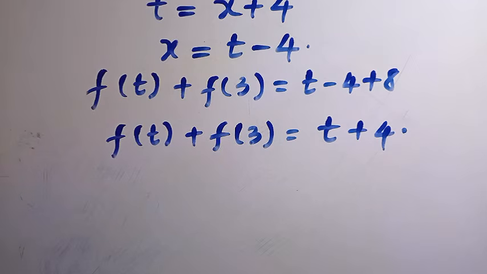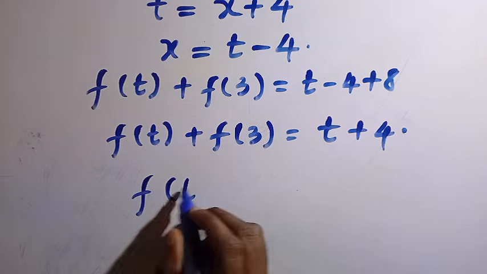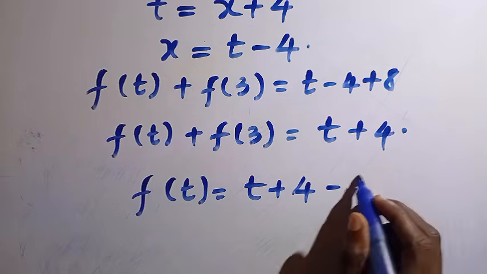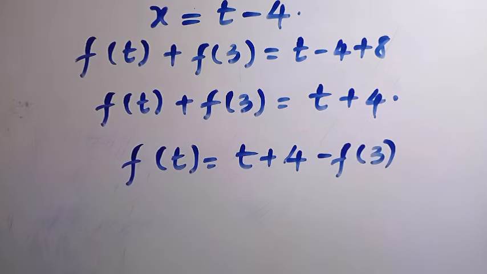And since this is what we have, we are going to make f of t the subject of the formula. Here we have f of t equals t plus 4 minus f of 3. Then here comes when we are going to substitute t equals 3.